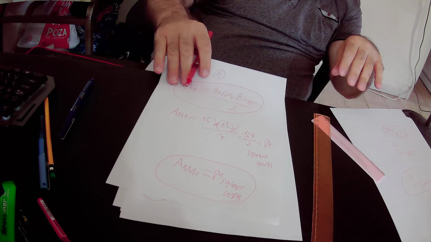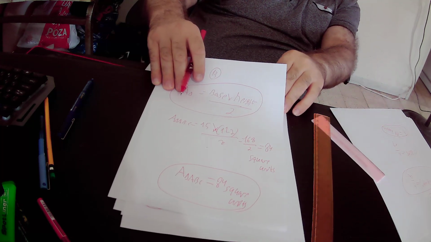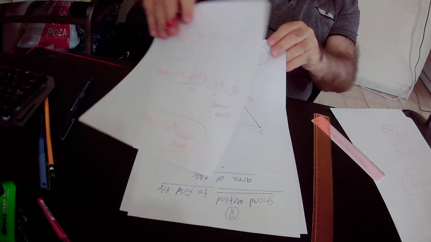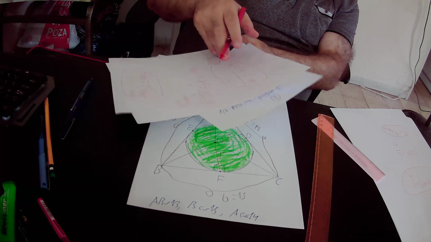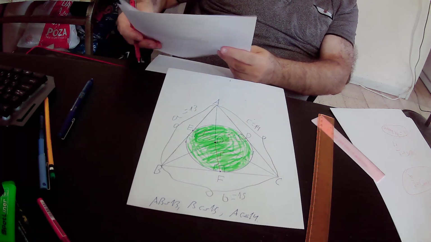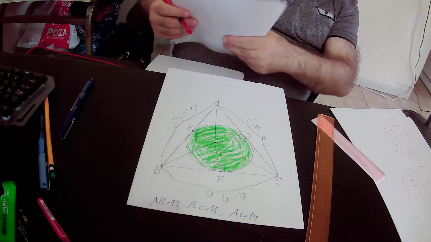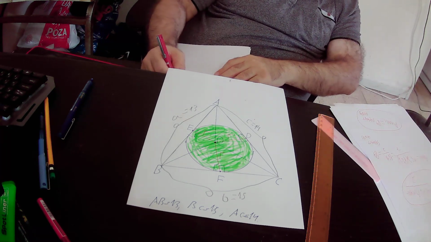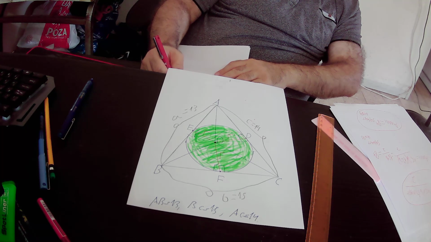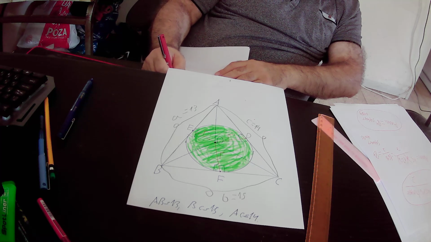Okay, so in the next step we will find the area of triangle ABC according to a new method, that will be the third method.